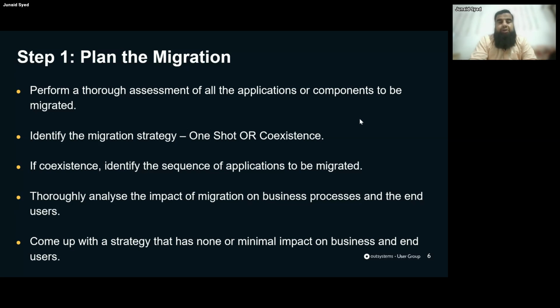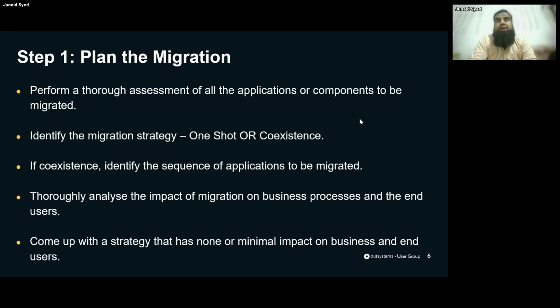Then we need to thoroughly analyze the impact of migration on business process. So yeah, I mentioned this point already. We need to make sure that while we are migrating the applications from O11 to ODC, the business processes should not be broken. Yeah, and the end users should not be impacted in a negative way.